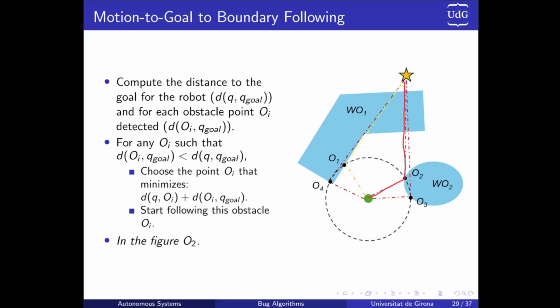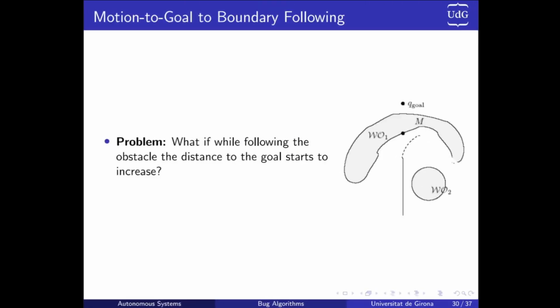Okay, our robot will try to do something like, it was coming from here, now we will try to follow this obstacle. However, up to when do we have to follow this obstacle? Because what may happen is that the obstacle has some convex shape or something, and we can start getting farther and farther from the goal. And this is not our idea.